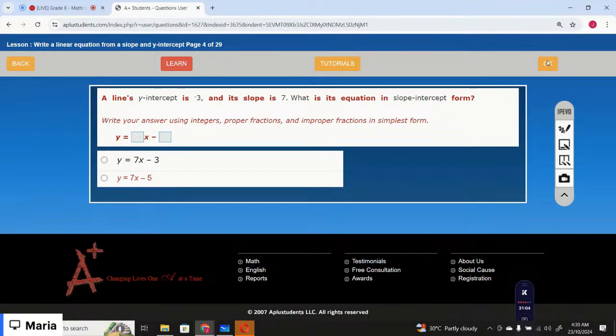So the correct option is option number 1, that is y equals 7x minus 3.